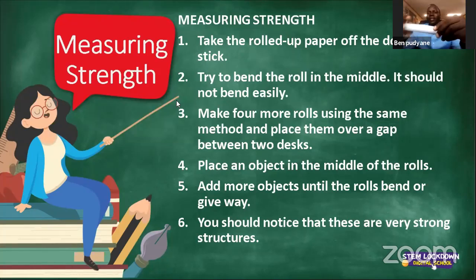Here is the other roll. This one is bigger, but this is the roll that I made. Now on this roll, I'm going to make sure that I put it between the 2 things.